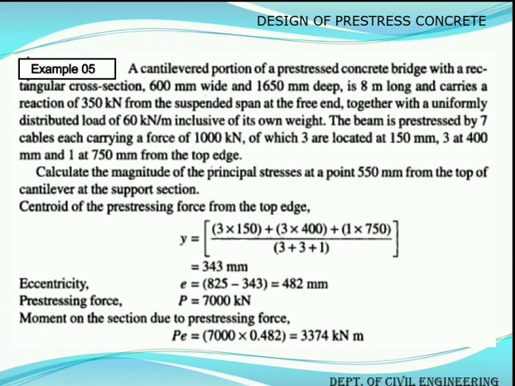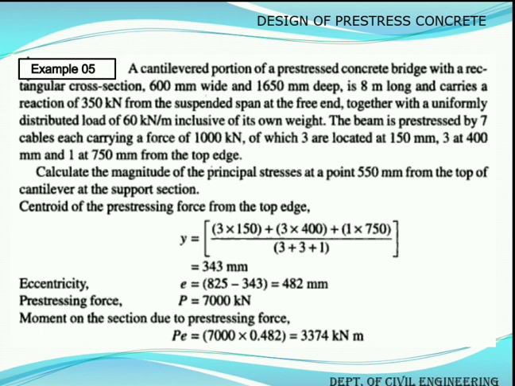So calculation goes like this. 3 number of wires are located at a distance of 150 plus 3 number of wires are located at a distance of 400 plus 1 wire is located at a distance of 550 divided by total number of wires.